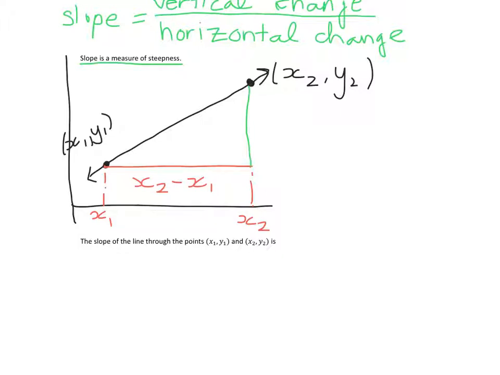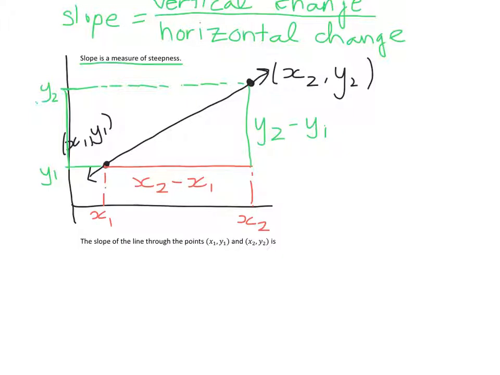We can do something similar for the vertical change. This is going to be y1. This is going to be y2. So again, this is going to be your vertical change, and we can use the distance formula, which is subtraction. So the distance between y2 and y1 is y2 minus y1.